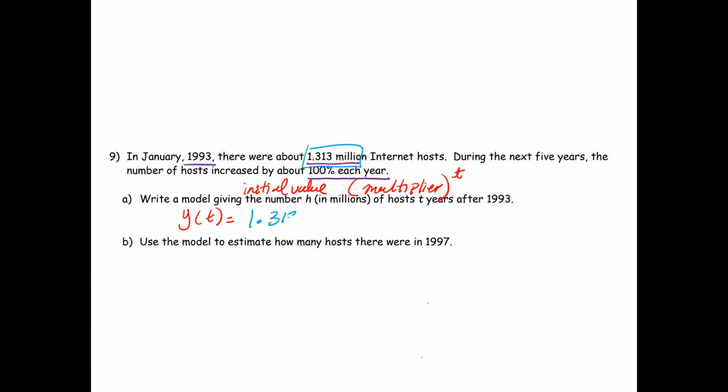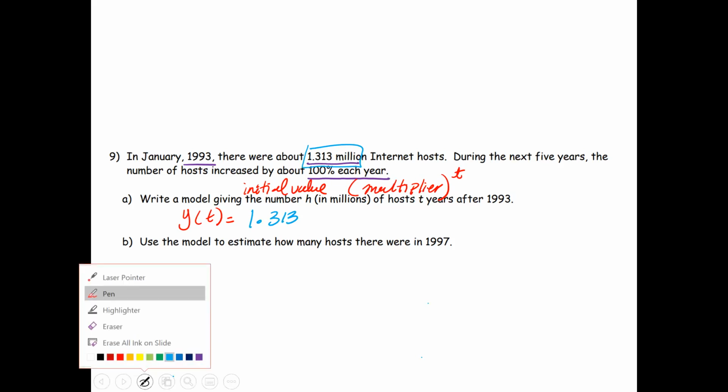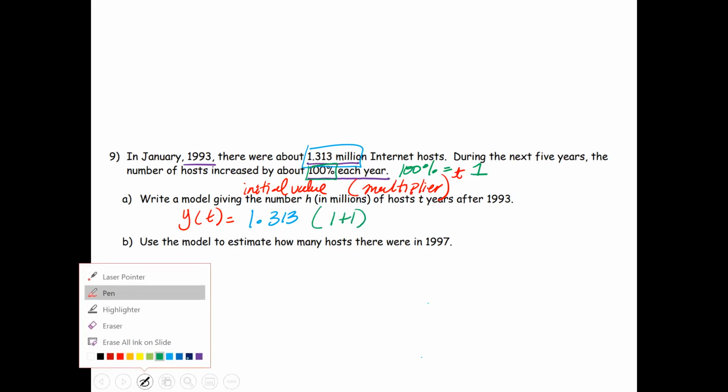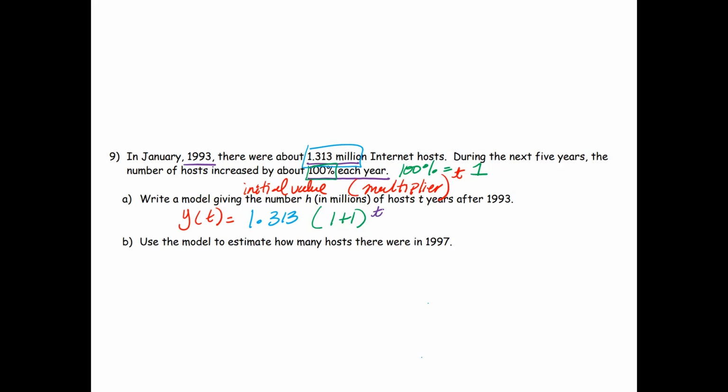Remember, this is in millions, so it's not just one, it's 1 million, okay? Your multiplier is multiplying by 100%. 100% in decimals is just 1. So it's just 1 plus 1 to the t. That's your equation. Or you can rewrite it: 1.313 times 2 to the t.